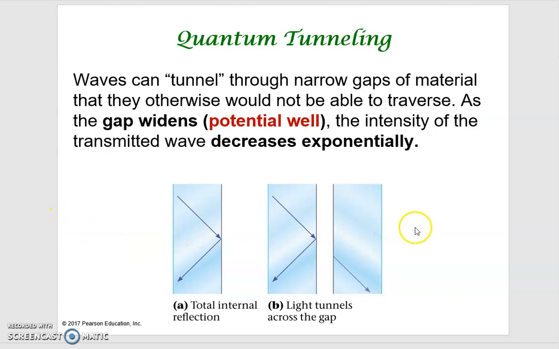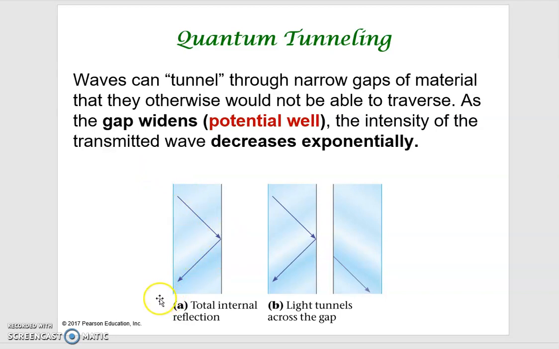But if it is a wave, then it might have some possibility. You will ask how could it be, even if it is a wave? That's the reason we studied chapter 14. We know that when a wave propagates in, for example, a fiber, it will have total internal reflection, so the light will always be constrained within it.